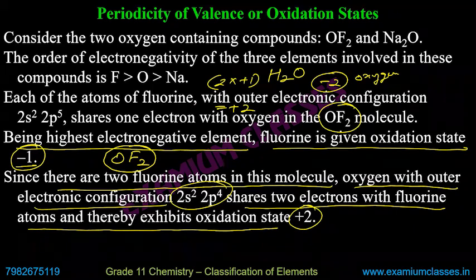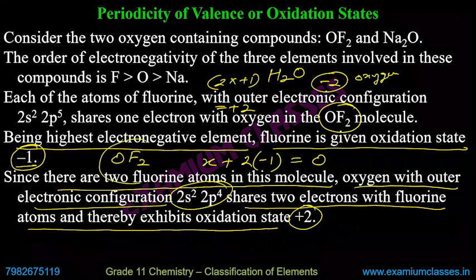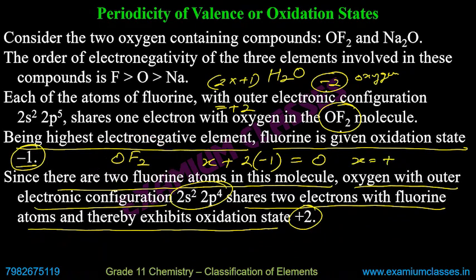Because fluorine has -1 oxidation state, say oxygen has X. Oxygen has X plus you have two fluorines with -1 oxidation state, and the sum will be 0 because OF2 does not have any charge. So X -2 will be 0, X will be +2.